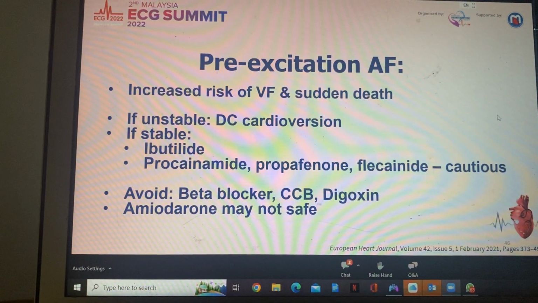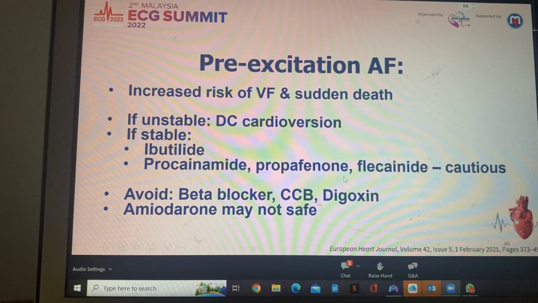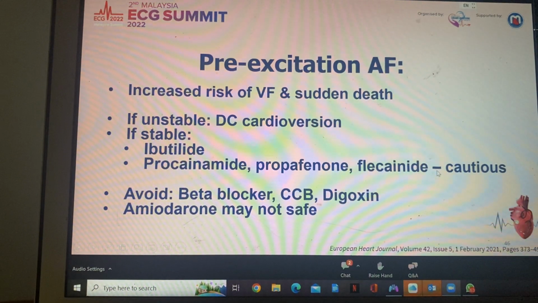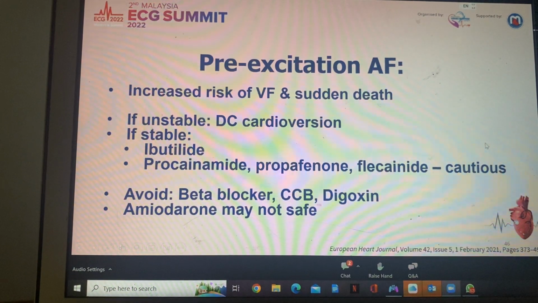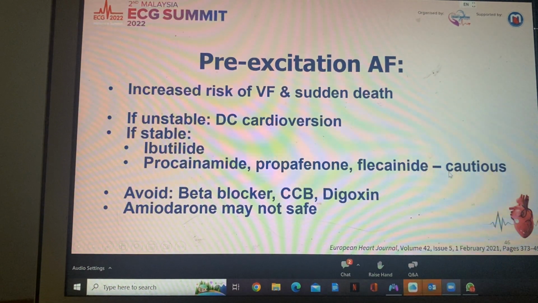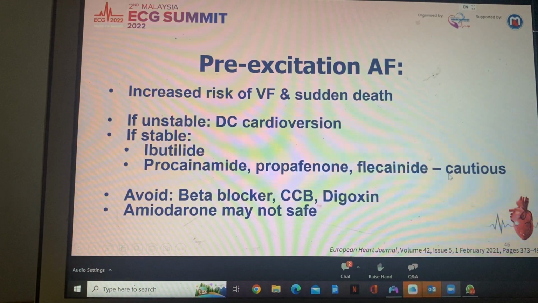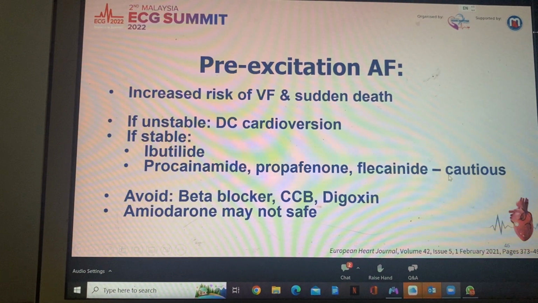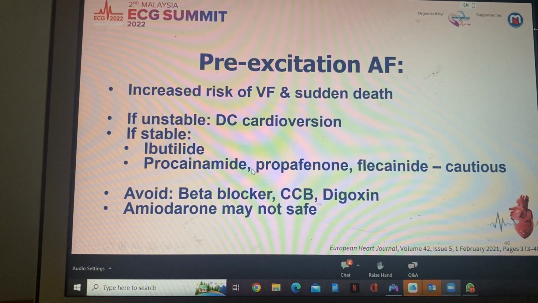But if they are stable patients, drugs like ibutilide, procainamide, propafenone, and flecainide are not always available in the emergency department. So for this kind of patient, I want to highlight that you should always discuss with the cardiologist what is the best way to manage this patient.